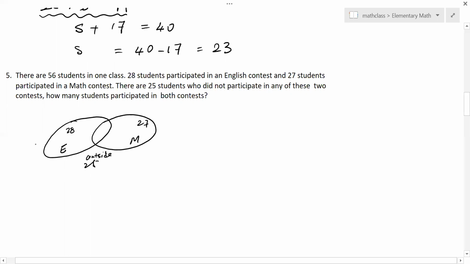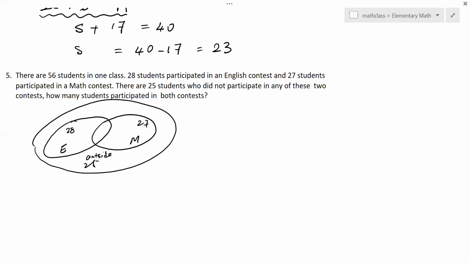So this is the whole class. Let's calculate, and the students who participate in both contests we call X. Let's calculate the total number of students this way.